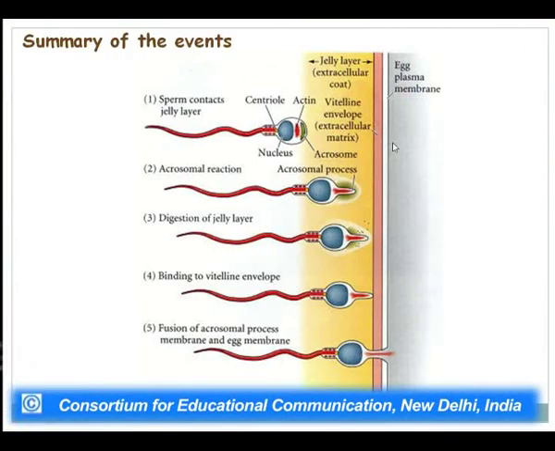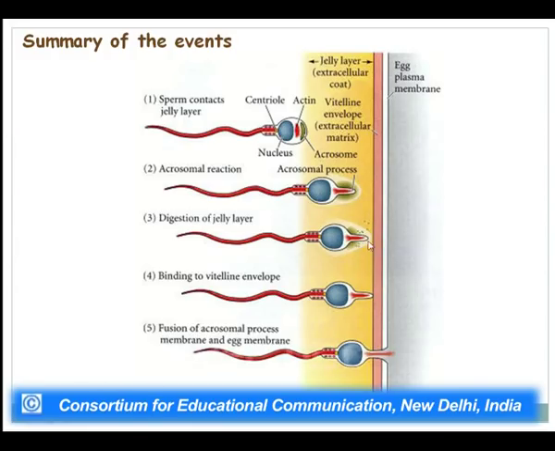This is basically towards the sperm side. As we have seen, the sperm comes in contact with the jelly layer, the acrosomal vesicle is released, releasing the hydrolytic enzymes. The acrosomal process is formed, it comes into contact with the plasma membrane, and it invades the vitelline membrane. The first recognition reaction happens here.